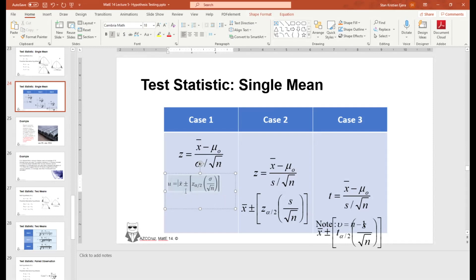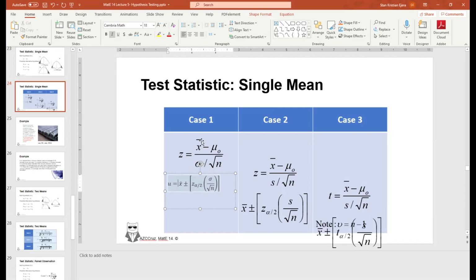So kung i-rearrange ko siya, so magiging x bar minus mu. Tapos yung z natin is on the opposite side. So di-divide natin siya, etong value na to, i-divide natin sa x bar minus mu. Tama? So we get this equation, no?